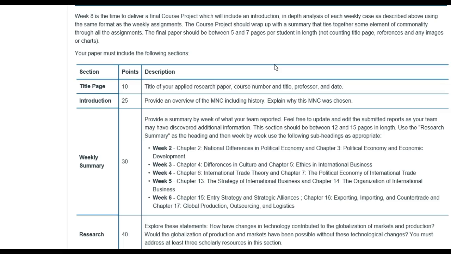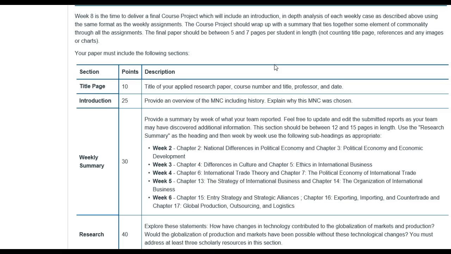The first thing, of course, is you're going to have a title page. You may have had a title page on your individual submissions, but this will be one that's specific to this particular project, and it also is a grade for your APA format overall. It's 10 points out of a total of 220.